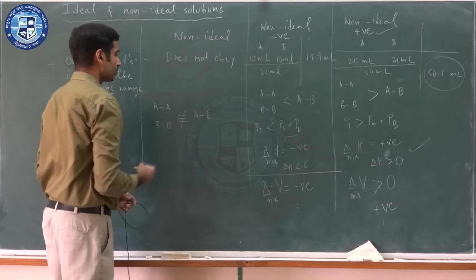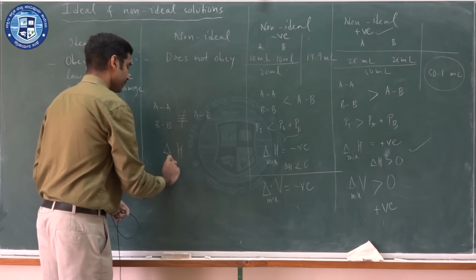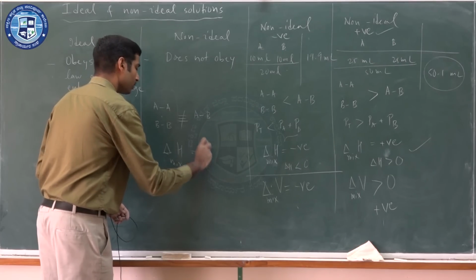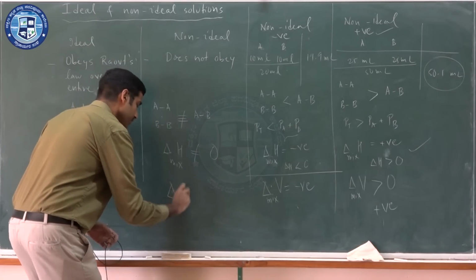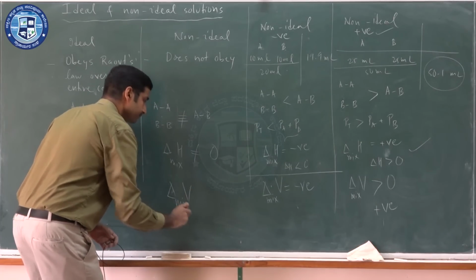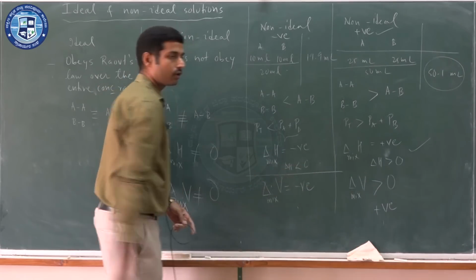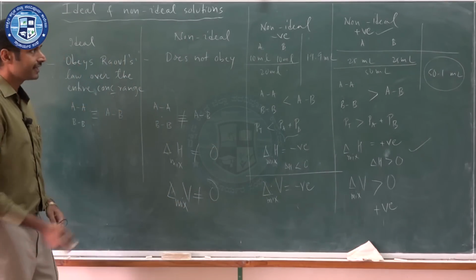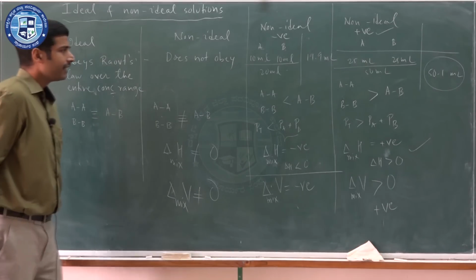For a non-ideal solution, change in enthalpy during mixing will not be equal to 0, it is either less than 0 or greater than 0. Change in volume during mixing will not be 0, it is either less than 0 or greater than 0 depending upon whether it is negative deviation or positive deviation.